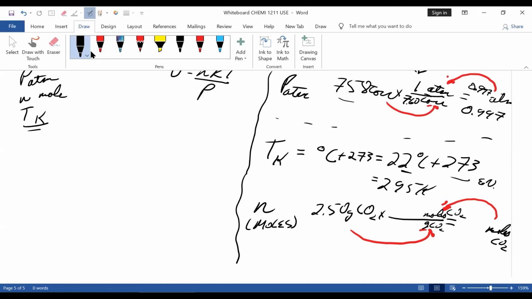And where do you get this? It will be on test number 1, 2, and 3. 1 mole of a compound equals the molecular weight in grams of the compound.